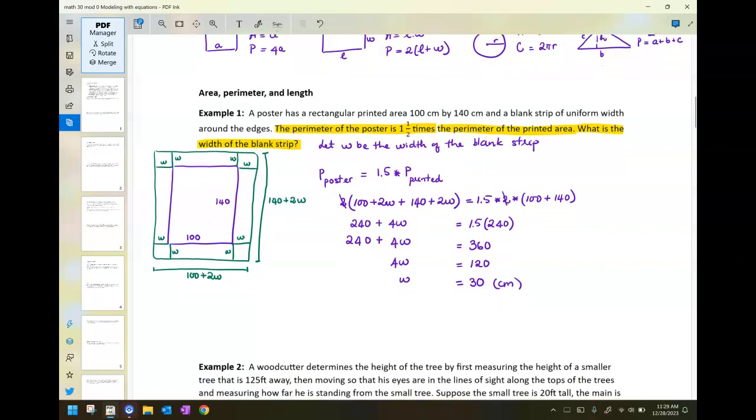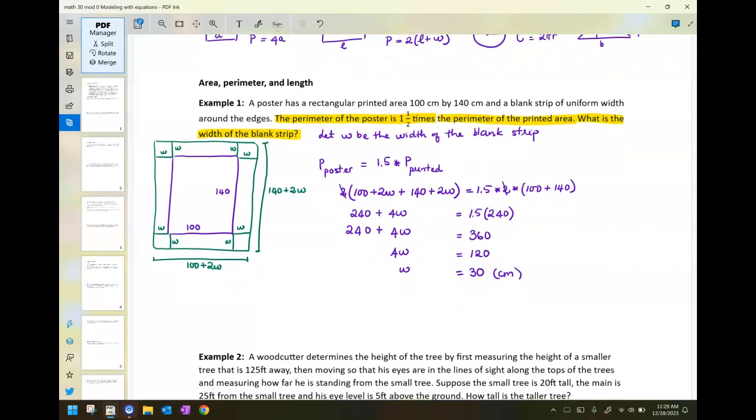Okay. So then we can write up the answer. The width of this blank strip is 30 centimeters.